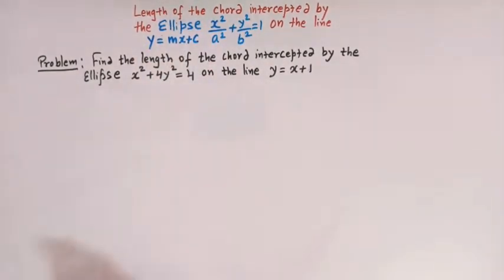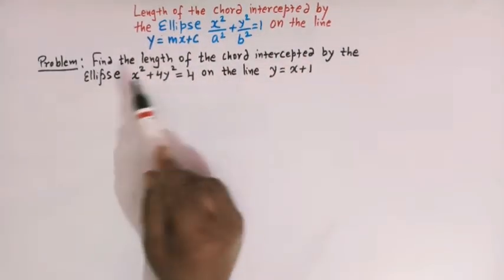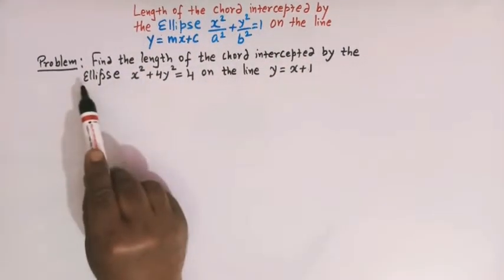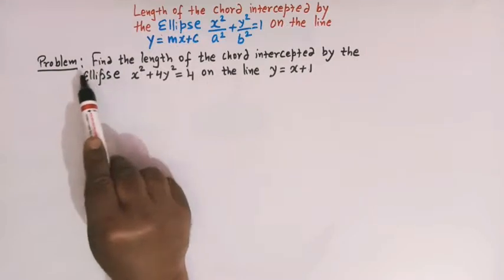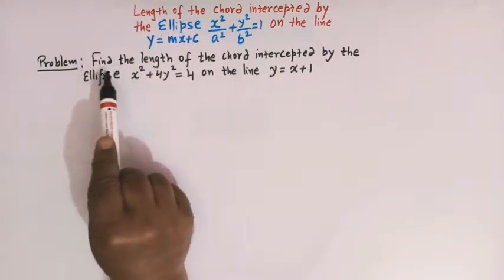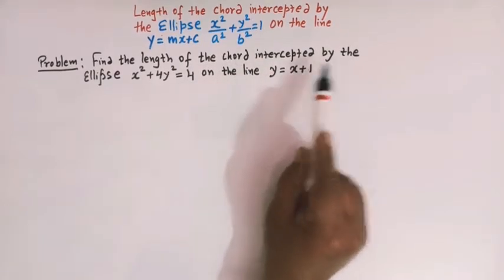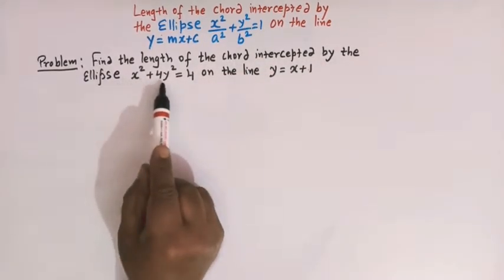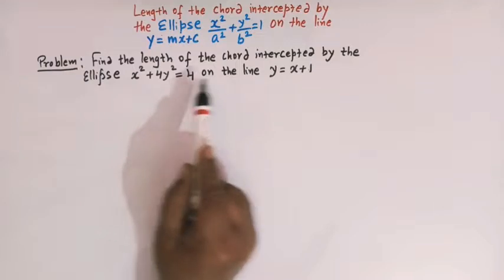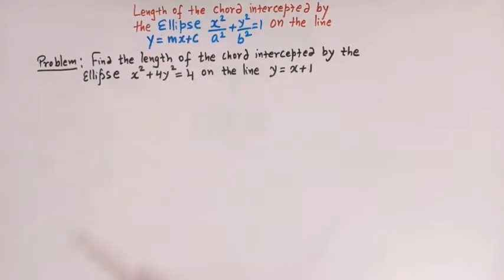We'll discuss this topic with the help of a problem: find the length of the chord intercepted by the ellipse x square plus 4y square is equal to 4 on the line y is equal to x plus 1.